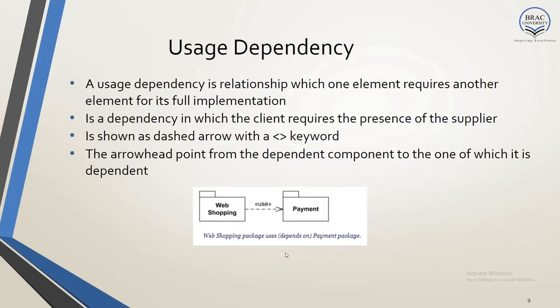Now let's look at usage dependency. Usage dependency is basically a relationship where one element may require another element for its full implementation. So it's basically when we import a package or a library within our code.